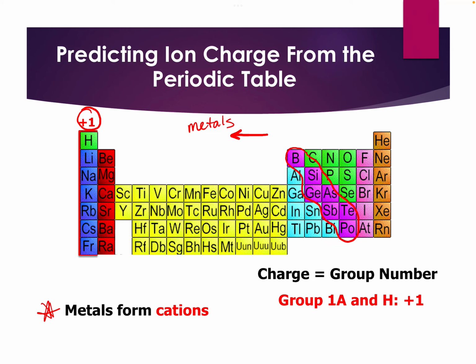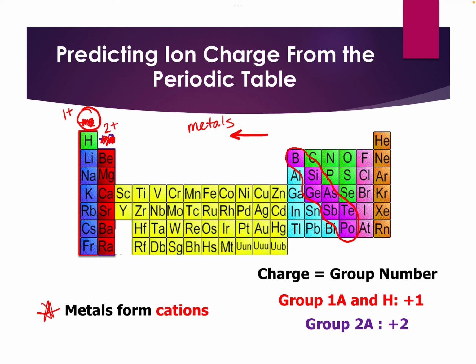So what I want you to do is, on your periodic table, and actually, please put 1+ above this, okay? Same thing here, all of these will form a 2+ charge because they have 2 valence electrons, so they're going to lose those 2 to make a 2+ charge.